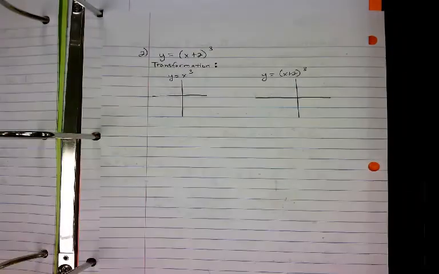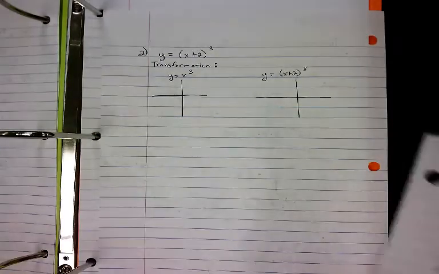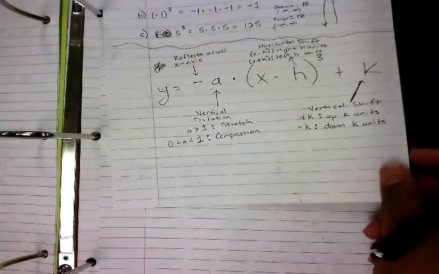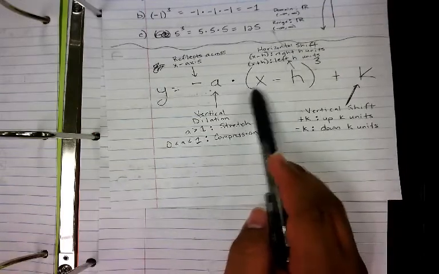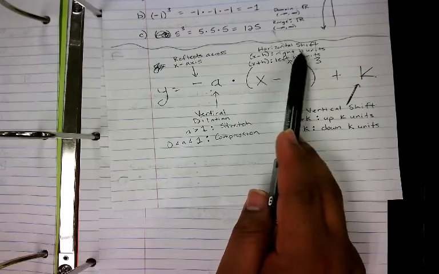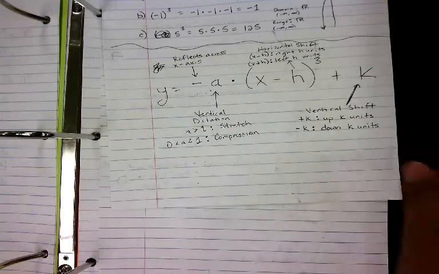Okay, so if we go back to our notes, the ones we just wrote, we look at them. It said it's in parentheses, so we look at our rules. The only one that talks about parentheses is right here. It says if it's x minus h, that means it's going to the right h units. If it's x plus h, that means it's going to the left h units.